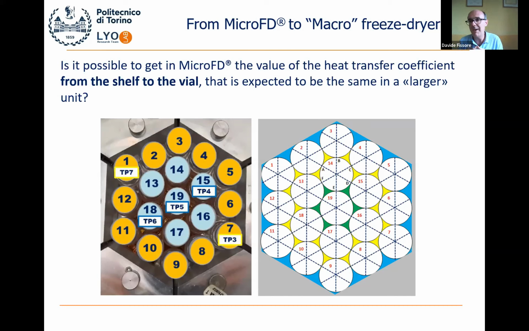So these 7 vials in the central part of the batch receive heat from the bottom and receive heat from 6 vials surrounding them. The situation is a little bit different from the external vials, the vials in contact with the lyocene, because in this case, each vial is surrounded by 3 or 4 vials and is in contact with the lyocene. So the situation is a little bit different.